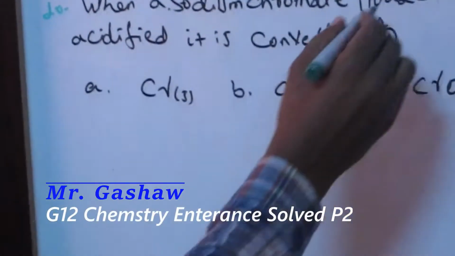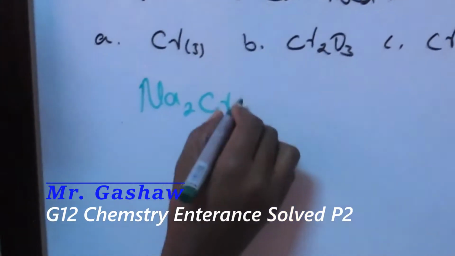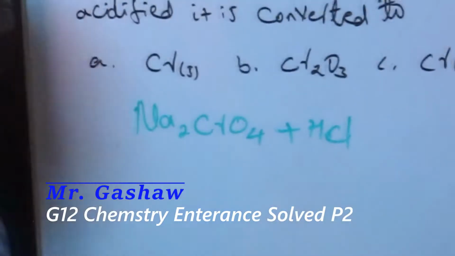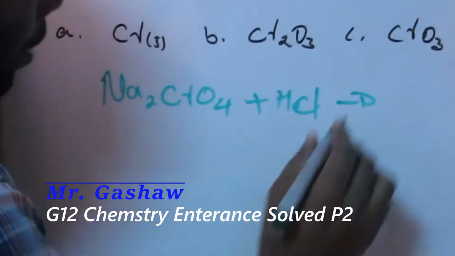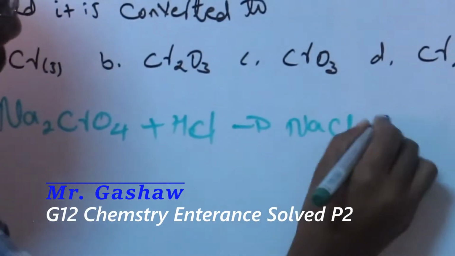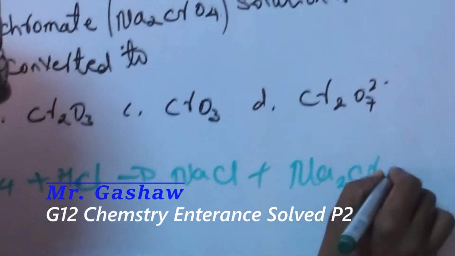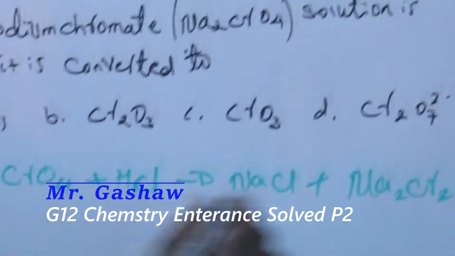So from this one, first, what does acidified mean? When sodium chromate is acidified, it reacts with acids. For example, when we use hydrochloric acid, it should be converted into sodium chloride, then sodium chromate when it's acidified.